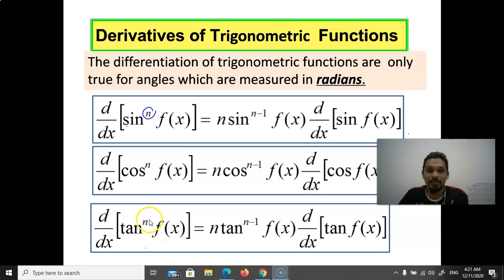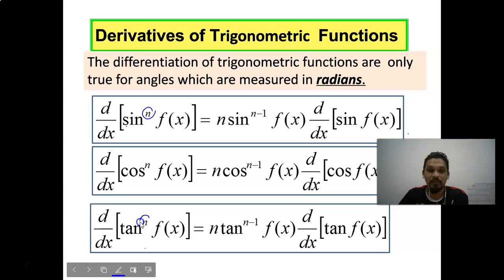We are going to derive the power of the trigo function here, where n tangent to the power of n minus 1 of f(x). Okay, this is the first priority. The first thing comes first here. And then differentiate tangent will be the second part, and then differentiate f(x), the third part here.